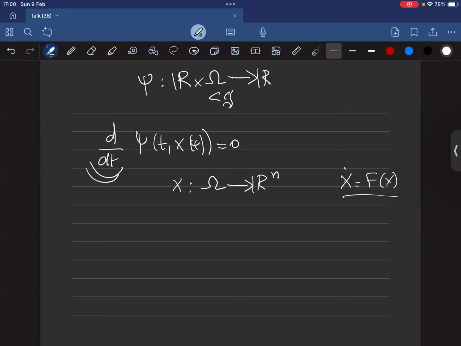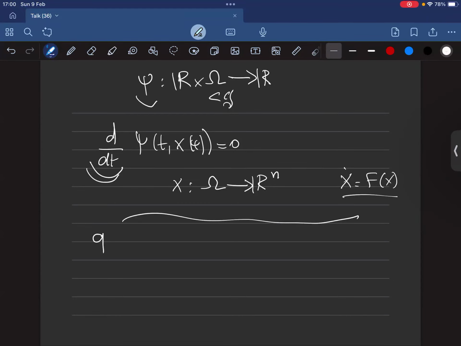What this means is that the integral curves don't leave the level sets of this first integral. I will give you an example. A generic example is the energy.